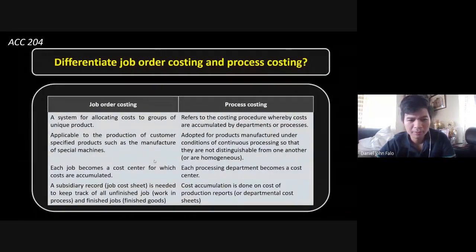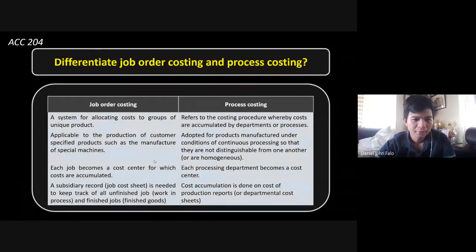Pero pag pinag-usapan natin ay unique products, it means that each product would be different from one another. You can say these are customized or specialized products. Pag process costing, homogeneous, similar, magkakaparehas. Pag job order costing, magkakaiba, or there would be specification of each product.